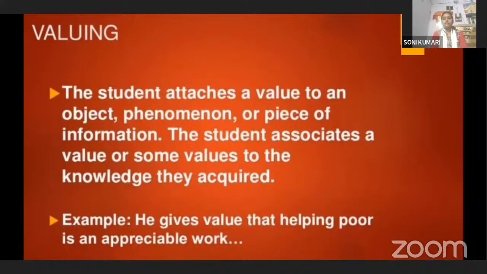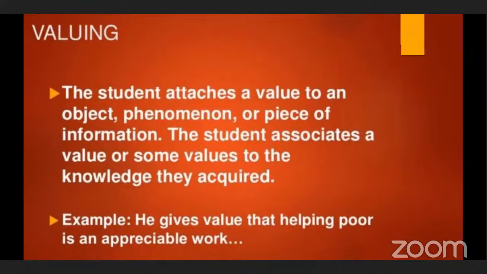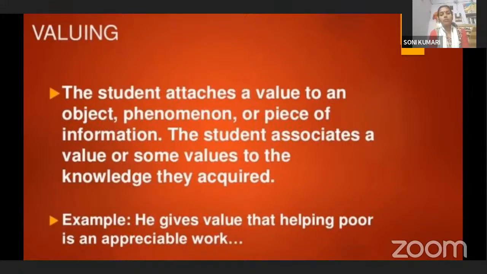The student associates a value or some values to the knowledge they acquired. For example, he gives value to helping the poor and appreciating the poor. It means the poor person is working and he gives respect. That is called valuing.